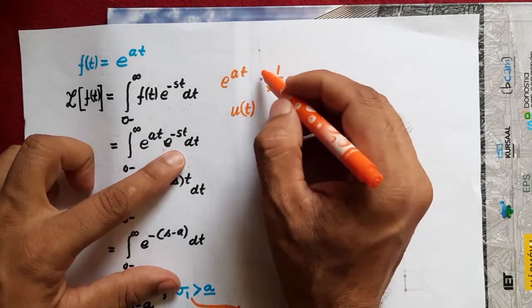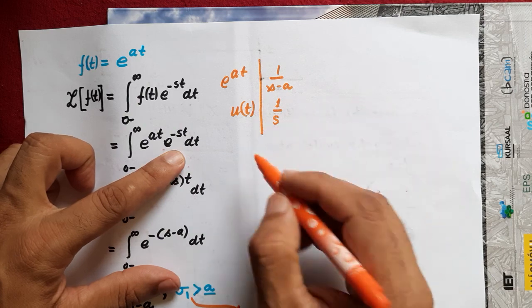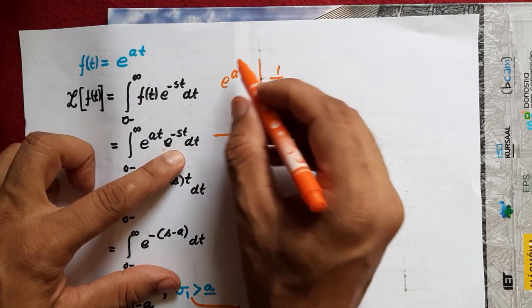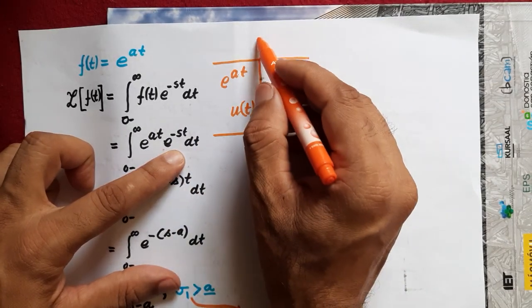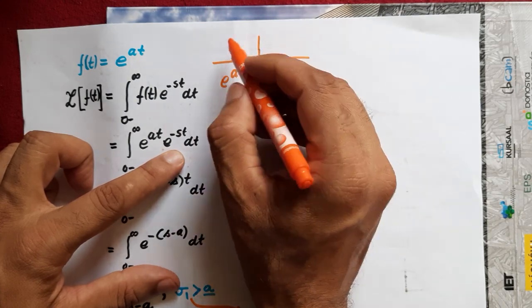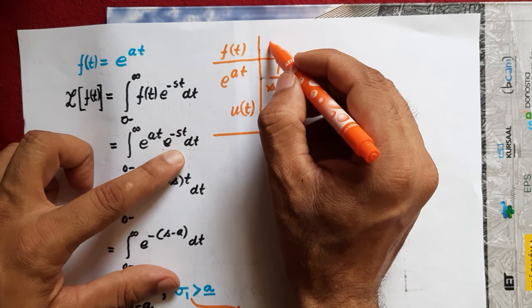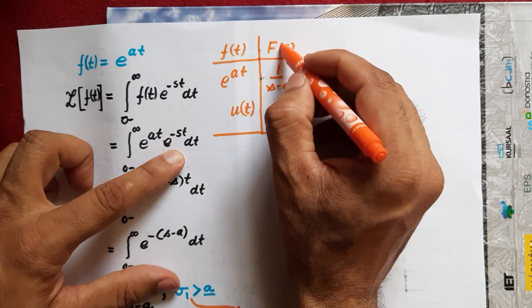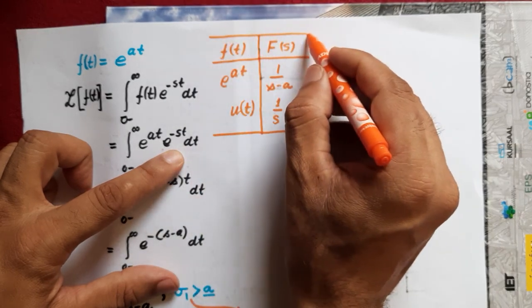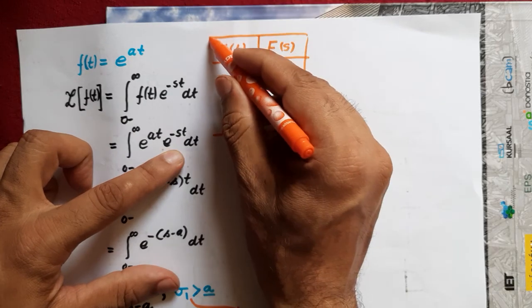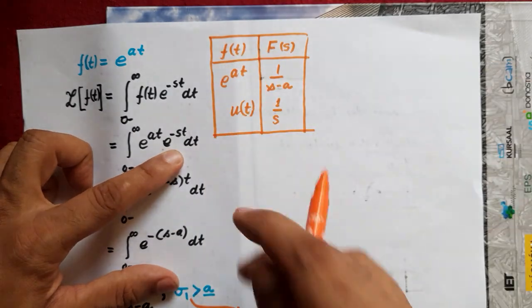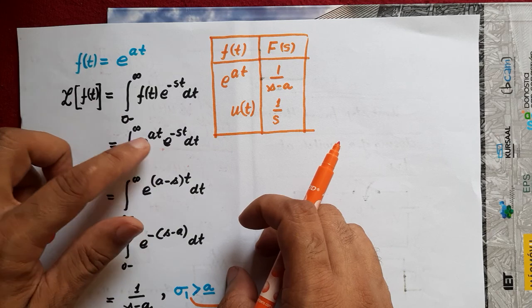So thus we have got so far two transform pairs, f(t) and F(s). These are the transform pairs we have derived so far.